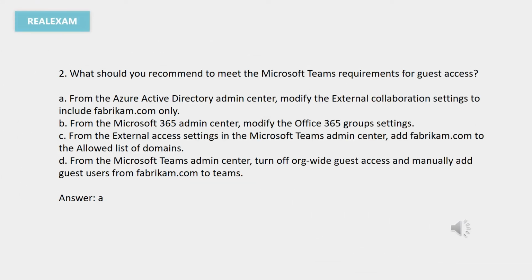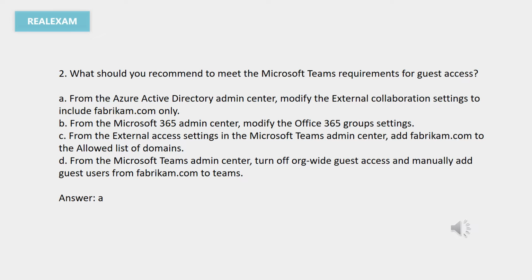2. What should you recommend to meet the Microsoft Teams requirements for guest access? A. From the Azure Active Directory Admin Center, modify the external collaboration settings to include fabricam.com only. B. From the Microsoft 365 Admin Center, modify the Office 365 Groups settings.